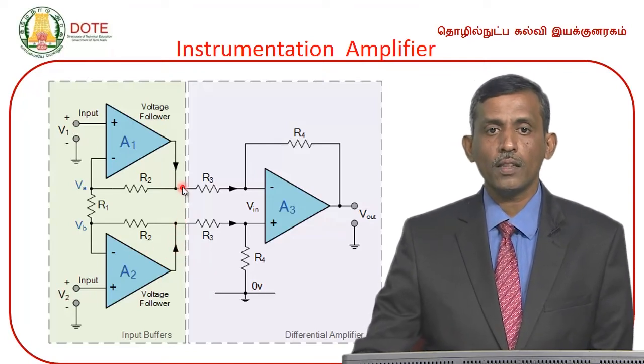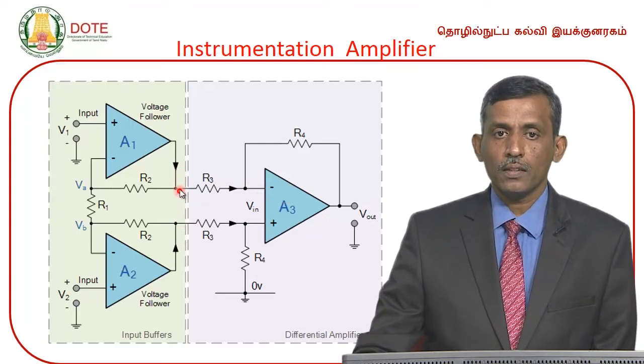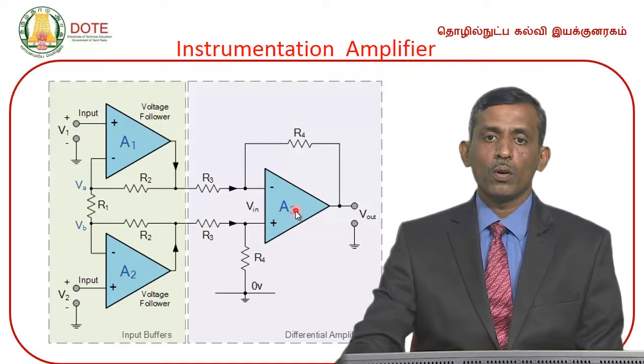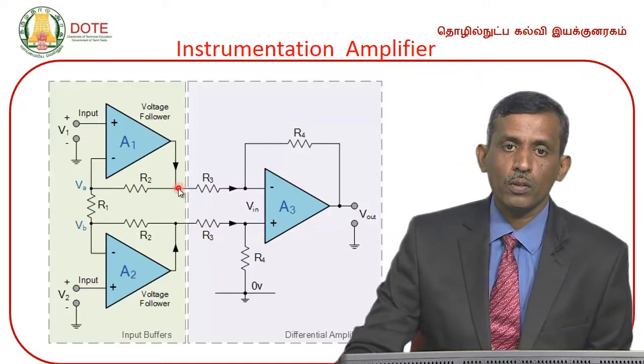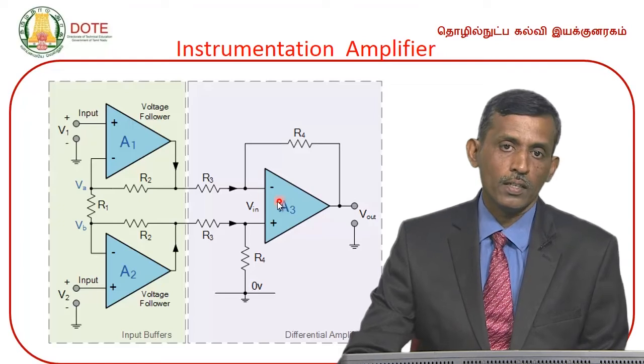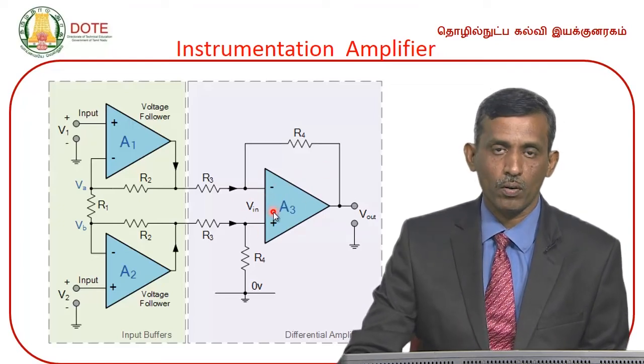So, இந்த ரெண்டு இடத்துலையும் potential இருக்குது. That means this is the input to this device, connected to the negative input. So, this potential is the input to the A3 at positive input. So, we have potential at both the inputs. So, A3 is in the differential mode. It is nothing but the differential amplifier that we discussed in the previous module.